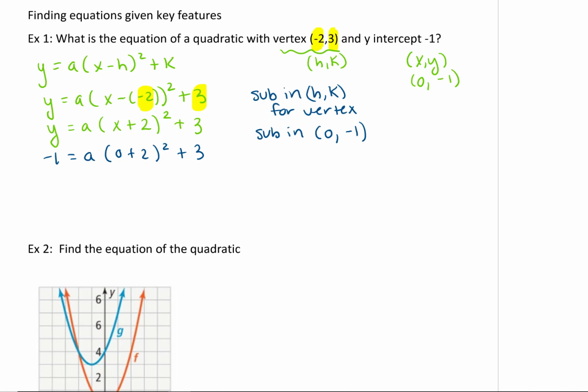Now don't forget your order of operations. We're going to subtract 3 from both sides. Then we're going to divide by 4. And it looks like a is equal to -1.